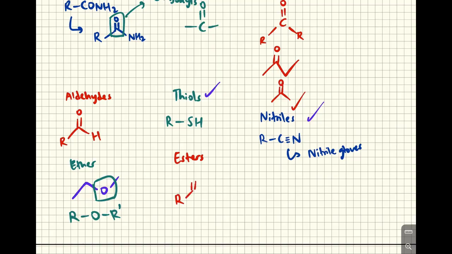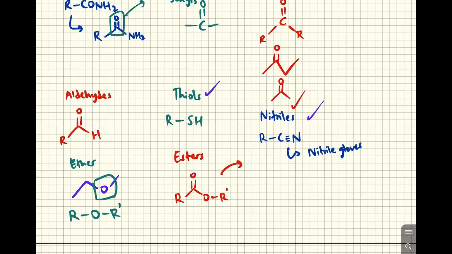Instead of having an OH group like this, it has another R group here. Yeah. So for instance, you have ethyl acetate. This is an example of an ester.